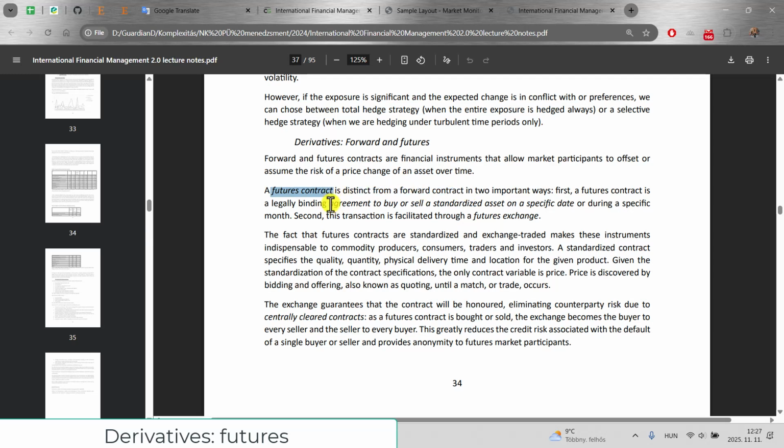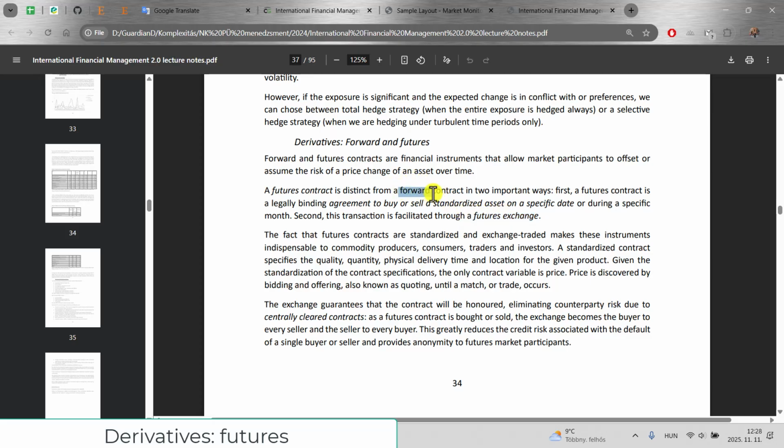One party must buy or sell a standardized asset at a specific date, and the other party must take the other side. So you are not able to step back. It's a mandatory agreement. And if you are doing it through a market, then it's a futures contract.